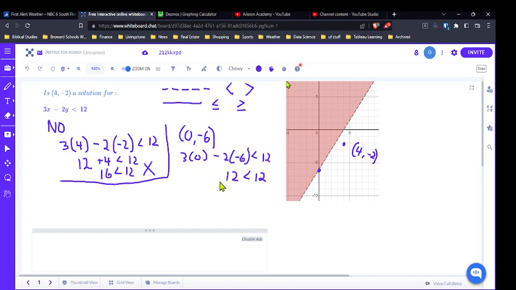So clearly, 12 is not less than 12. So the answer is no. That point is not a solution. And that point happened to be on that line. So thereby just proving to you that dashed lines are always less than or greater than. They're not part of the solution set.